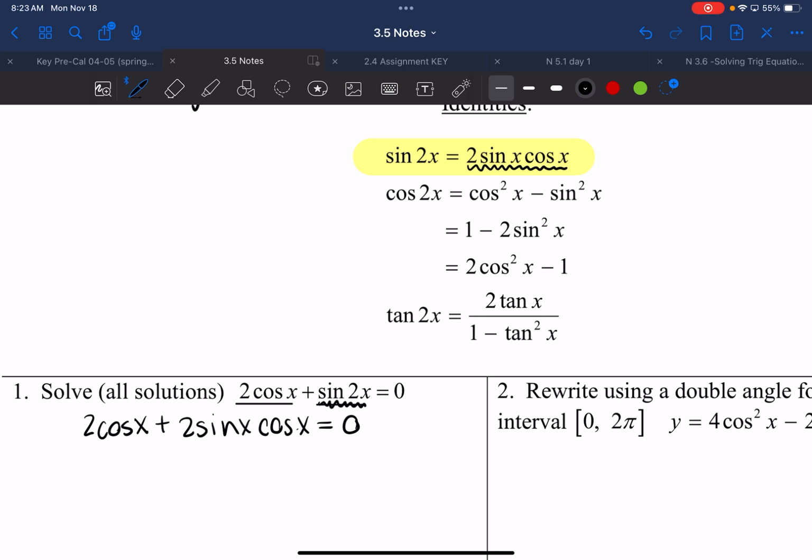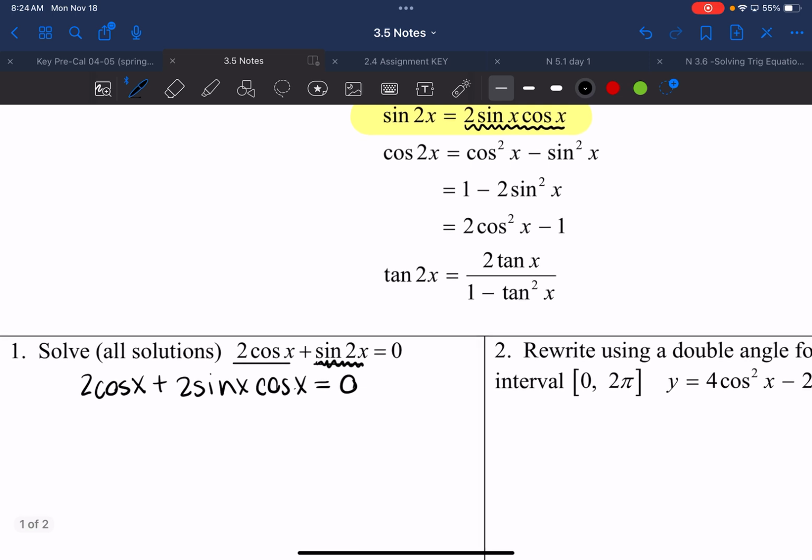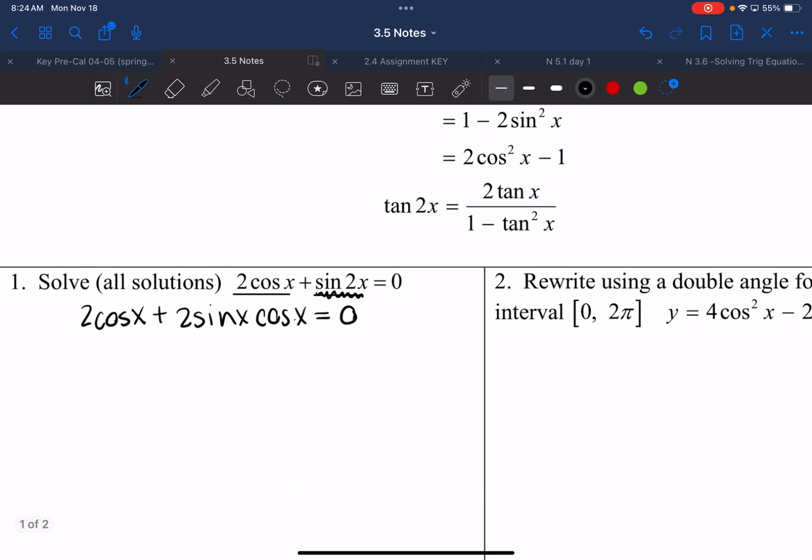Okay. Now, just like when we've previously solved, usually one of the first things we try and do is factor, right? Do you guys see anything we could factor out? Cosine of x. Okay, so let's do that. So I'm going to factor a cosine of x out of both pieces. Then I'll be left with, right.